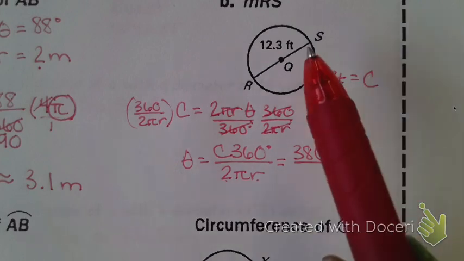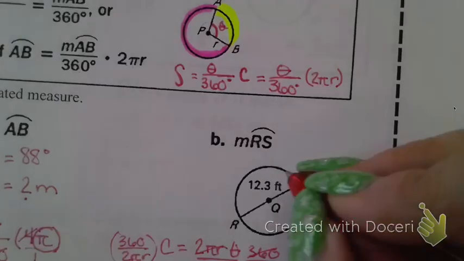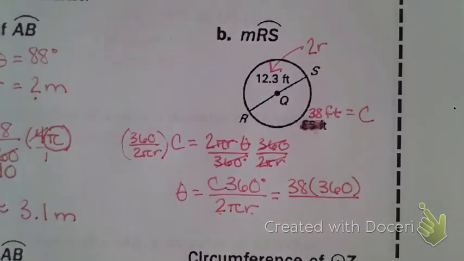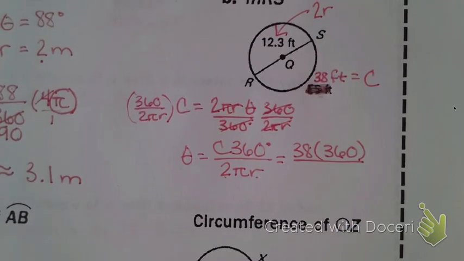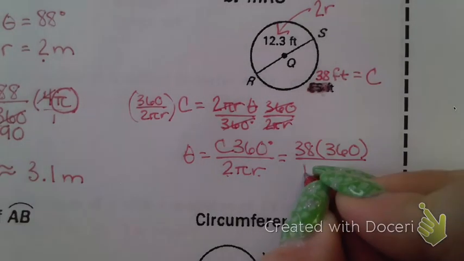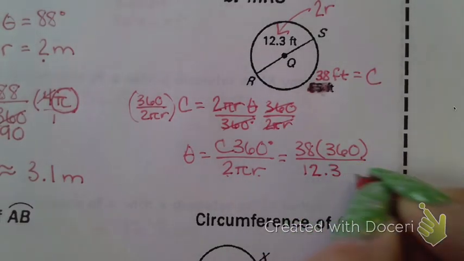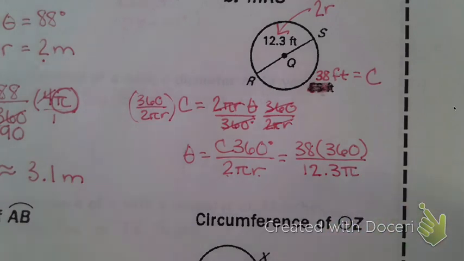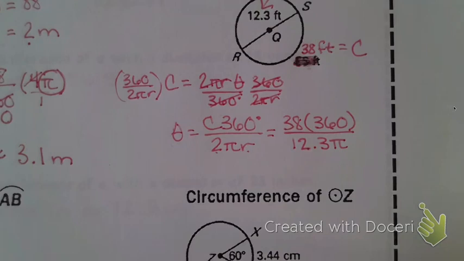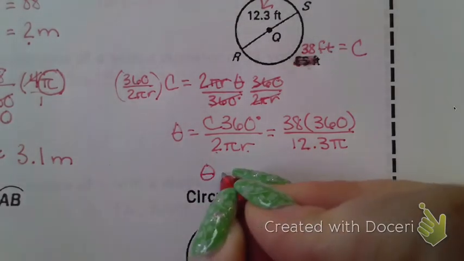What did they give me? The diameter. So this right here equals 2r, doesn't it? Yeah. So can I just plug in 12.3? Yeah. So 12.3 pi. Now, I could reduce that, but I really don't want to. How about you guys? You guys want to?